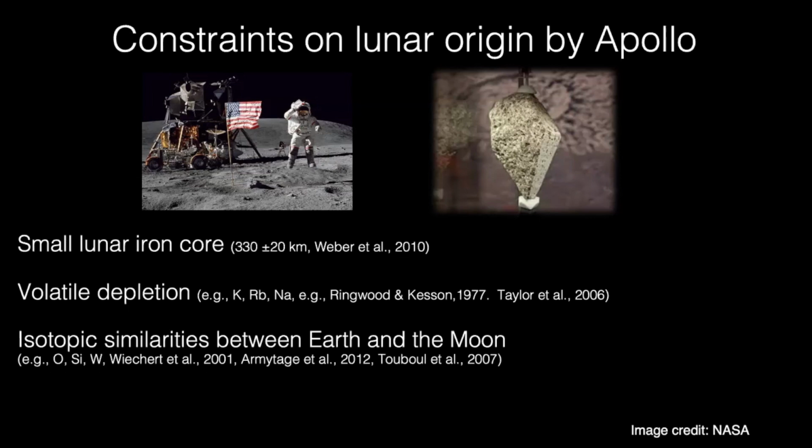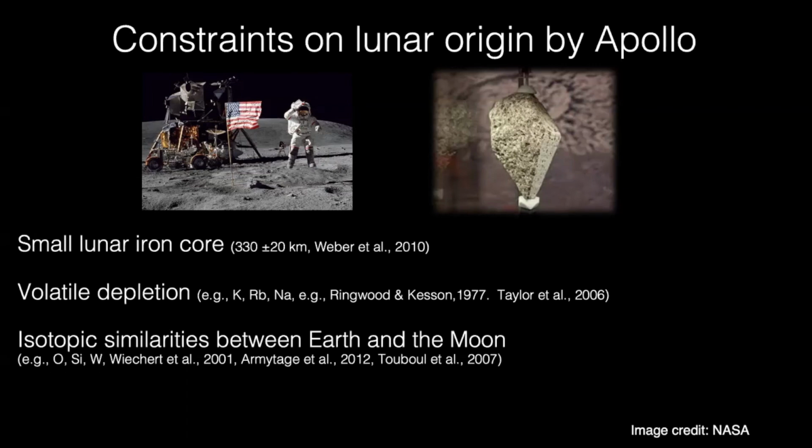We also know that the moon is depleted in volatiles such as potassium, rubidium, and sodium. And we also know that the Earth and moon have very similar isotopic ratios. This has been confirmed by many isotopic systems, including oxygen, silicon, tungsten, and many others.